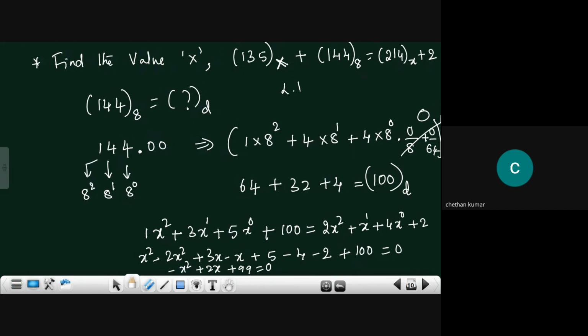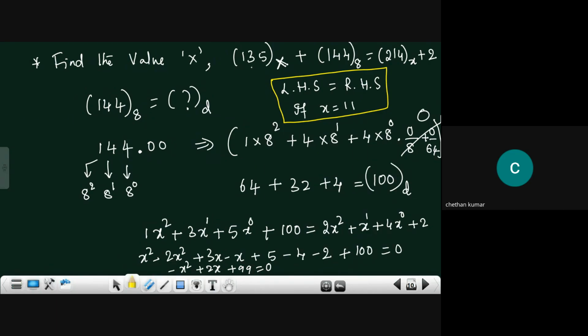Are you getting this result? So the right value of x is nothing but 11.